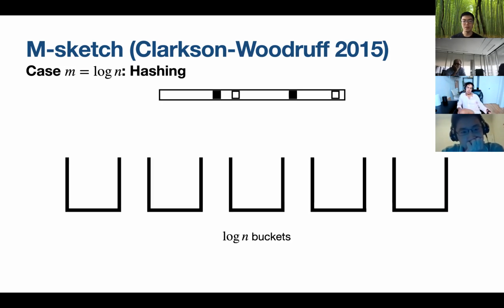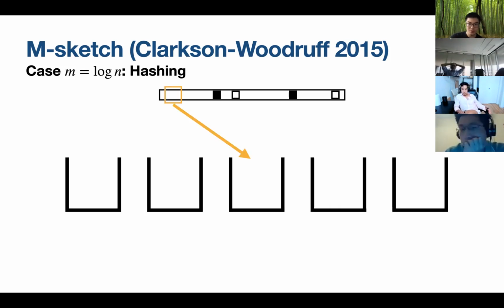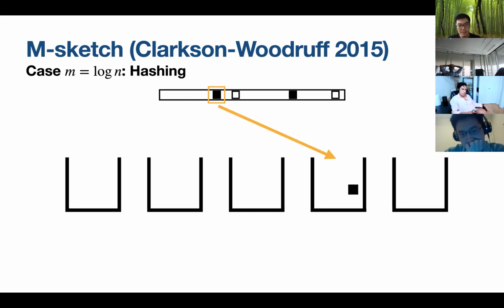Okay. So again, at the top, I have my log n sparse vector of random signs. And at the bottom, I have log n buckets approximately. And what I want to do is start throwing each of these n coordinates into a random one of these log n buckets. And when I do this, if I get zeros on my coordinate, then I'm just throwing a 0 in this bucket. And whenever I hit one of these non-zero entries, I actually get something.